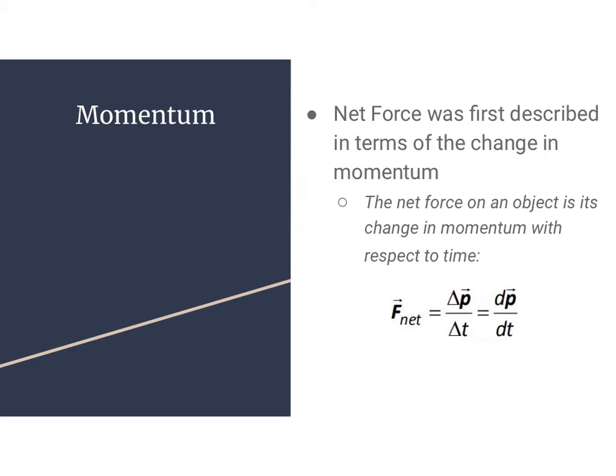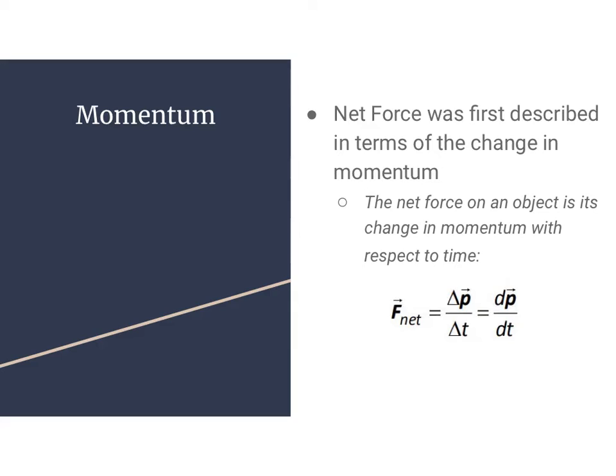Now, this idea of momentum was actually how Newton first described force. And so it was actually described in terms of the momentum. And he said that the net force acting on an object was equal to the change in momentum per unit time, or the rate of change in momentum.